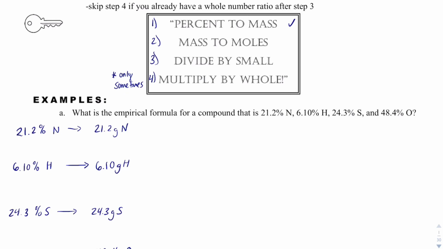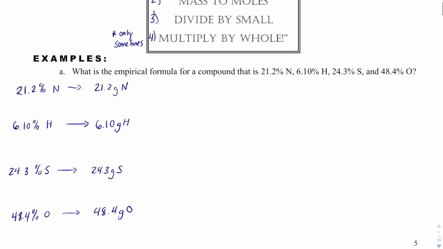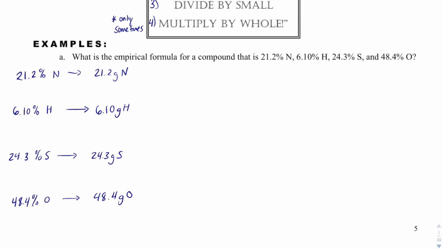My next step is going to be mass to moles. So I know the molar masses of all these, won't be too bad. Molar mass of nitrogen is 14.01 grams of nitrogen for every 1 mole of nitrogen. Some students may say, well, why is it 14.01 and not 28.02 for diatomic nitrogen, N2?